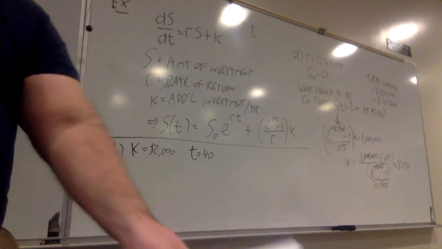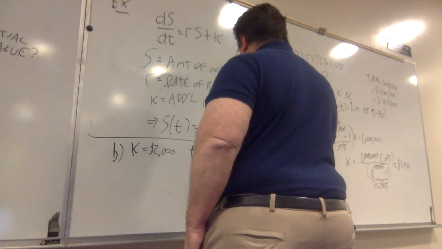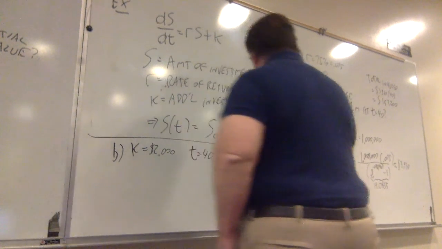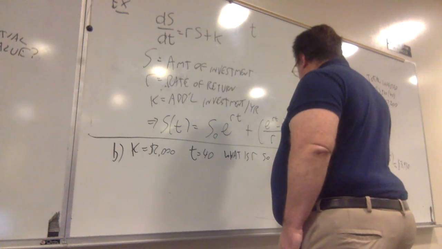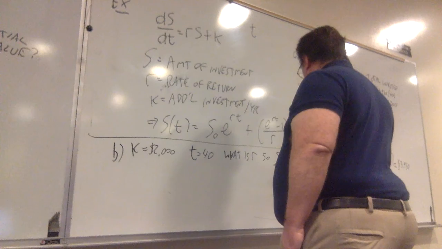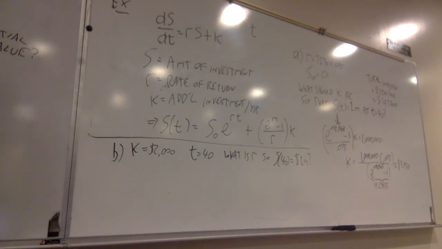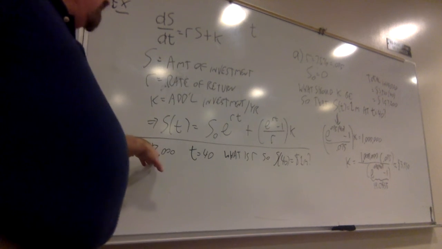Now the unknown is the rate of return. So what should R be so that my balance after 40 years is still going to be $1 million? Now I'm going to need something larger than 7.5% because I'm putting in less.